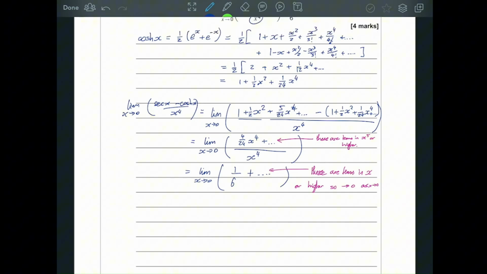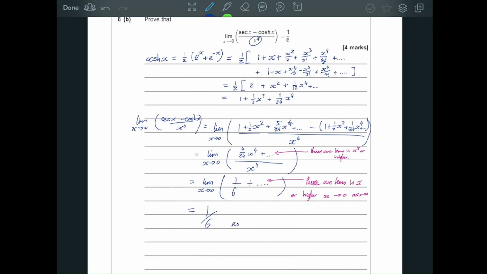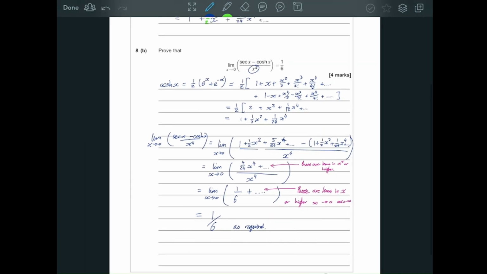Putting in that little bit of explanation takes this from feeling like it's being fudged to showing complete understanding of the situation. And we get a 6th, which is what the question wanted. So I like to put a little statement as required at the end of these show that questions. Okay.